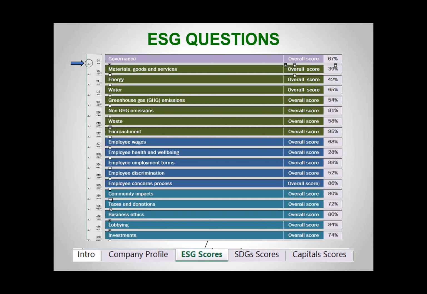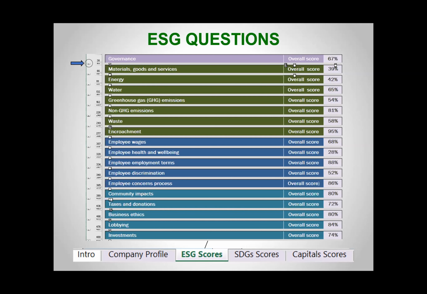Any yellow fields are ones which you fill in as the user. When you start off with this, I've got sample data in a lot of the cells to show you how the formulas work. But of course, you would overlay that with your real data. So it's just a sample to give you a sense of how things are calculated.